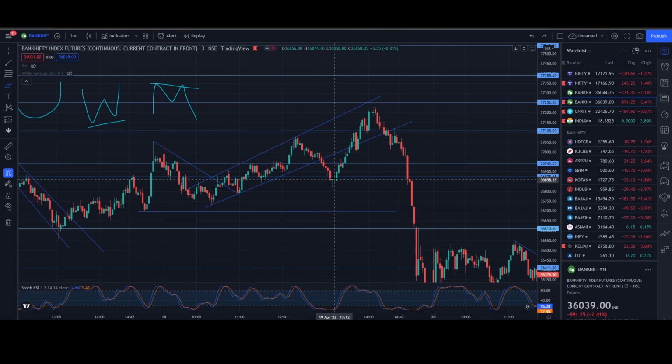But for us as zone traders, if it came over here and took a reversal, we could have considered this level as an activation point, and you would have had a beautiful ride to the upside over here. So you would have made good money, approximately 340 points of movement would have been captured.